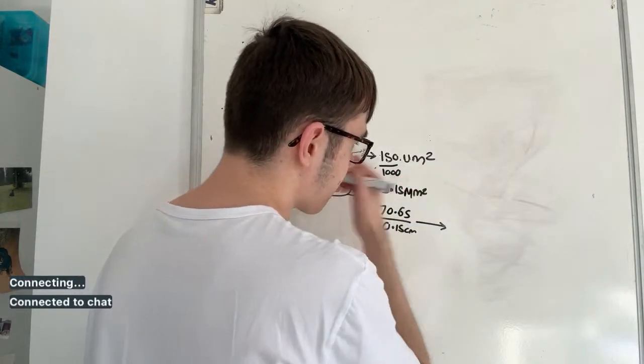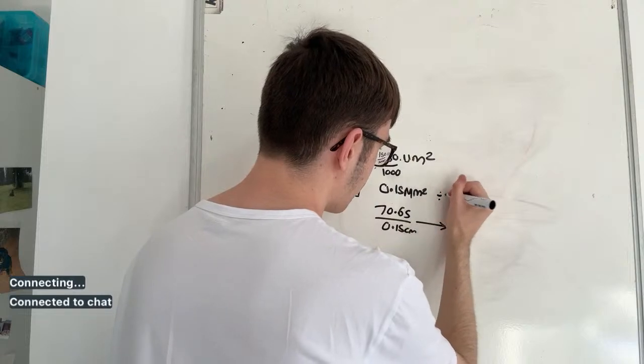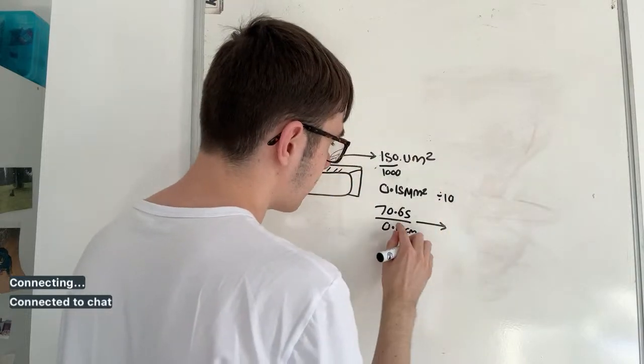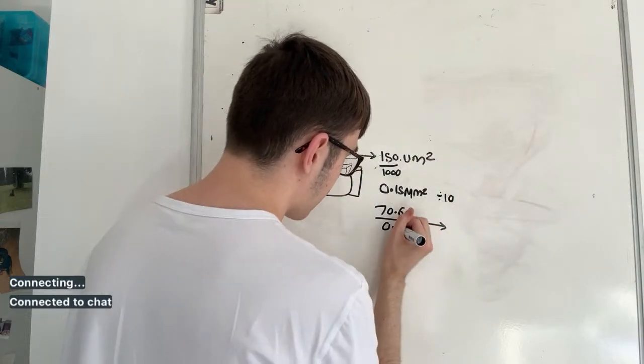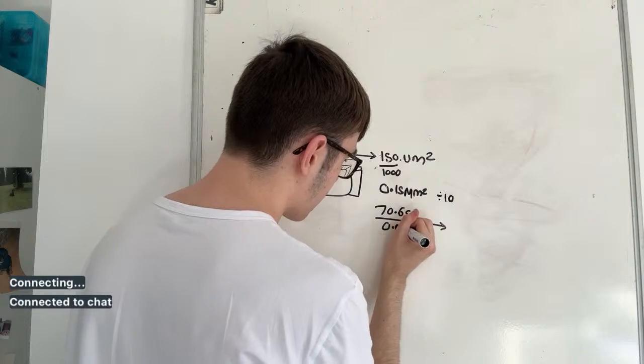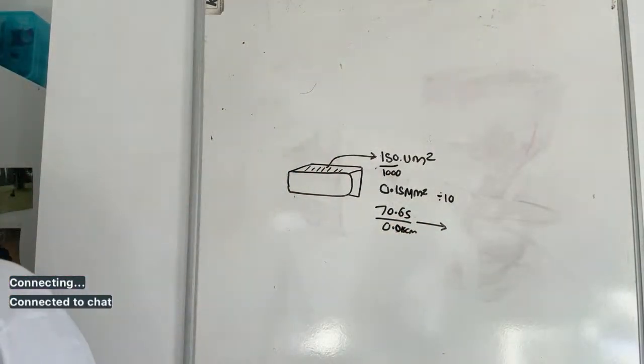So you would have to also divide it by 10 again to get... Hold on, that still would not give you the answer, right? 70.65 divided by 0.015.